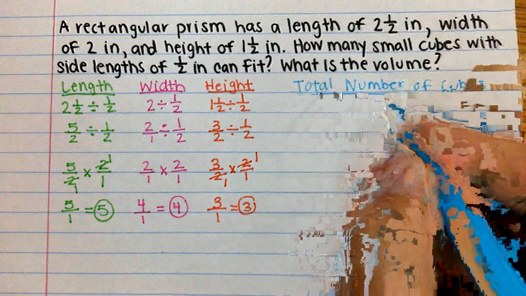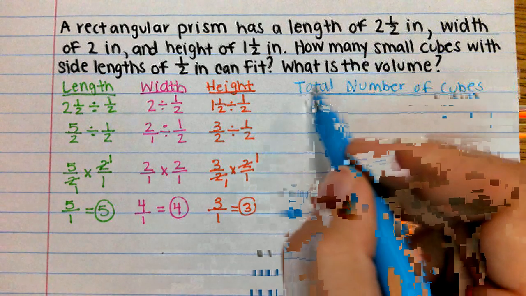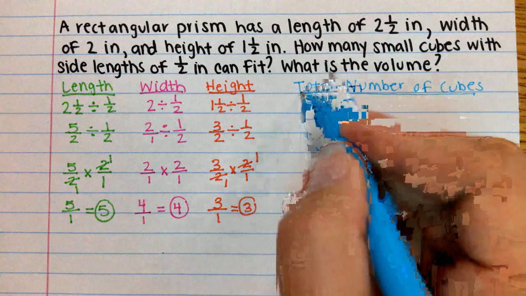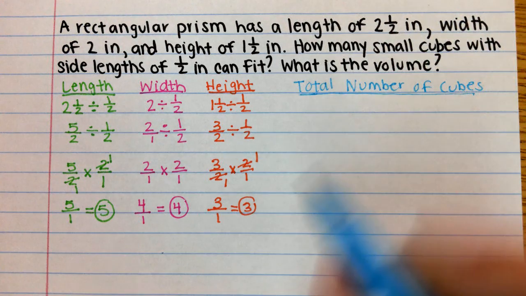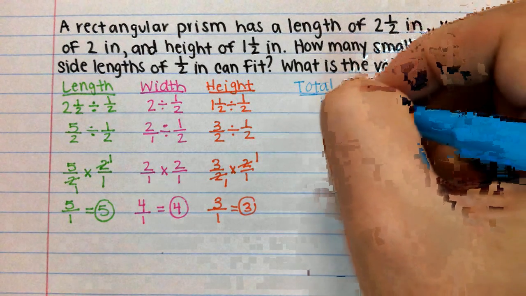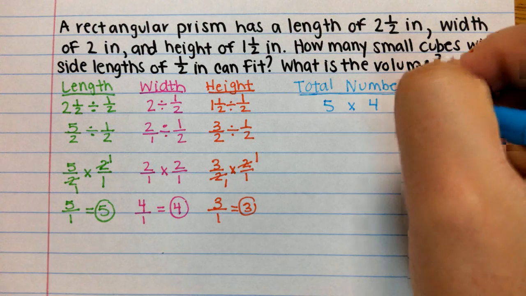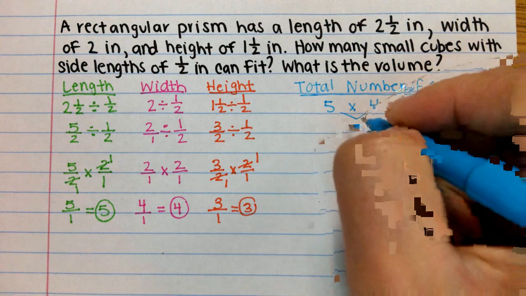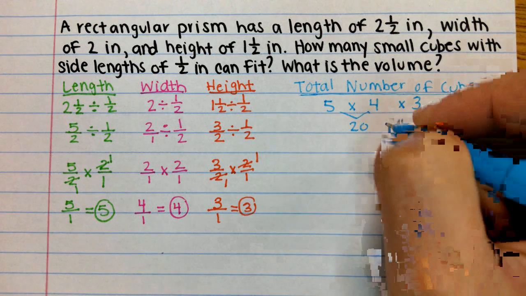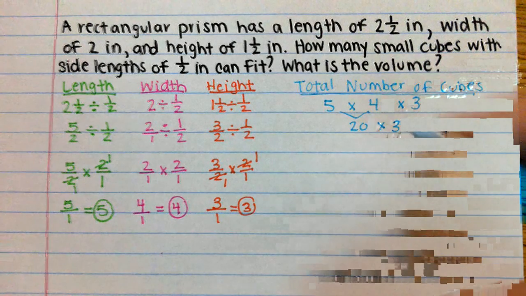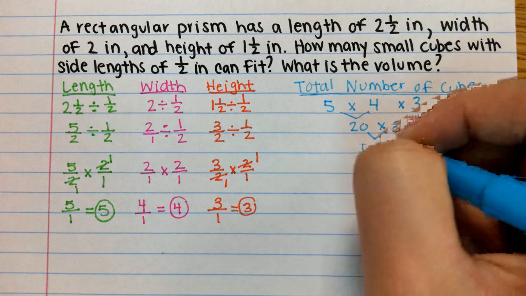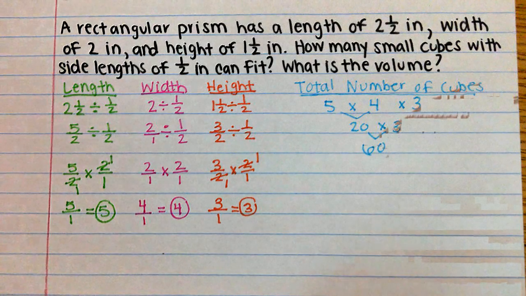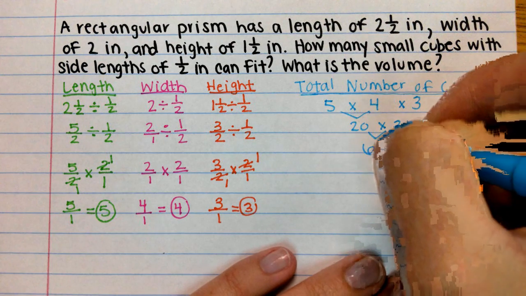In order to do that, I just need to multiply these three numbers. So I'm going to take 5 times 4 times 3. Well, 5 times 4 is 20, and then I just have to take 20 times 3. So 20 times 3 gives me 60. So I need 60 small cubes.